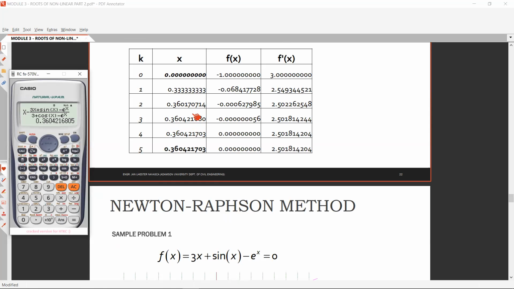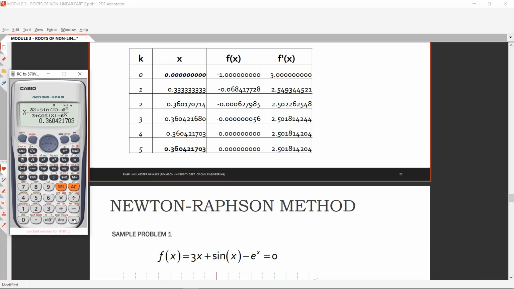So hindi pa nagko-converge kasi yung last value natin is 0.36017. Ito ay 0.3604. So solve mo ulit. After solve, pindutin nyo ulit yung answer, you will arrive at 0.360421703. So the same for the fourth iteration, k equals 4. Then check nyo ulit kung solve for answer.